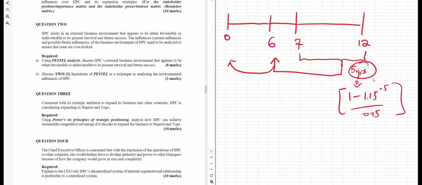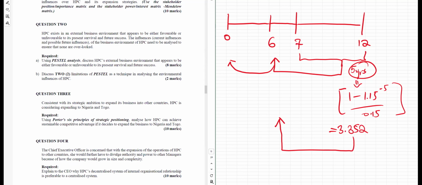That's 3.352. Then this one has dropped us in year 6. Now do the year 6 discount factor.